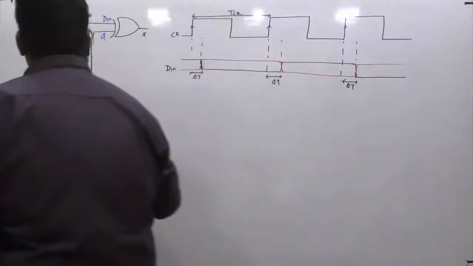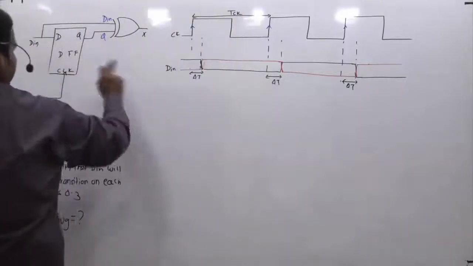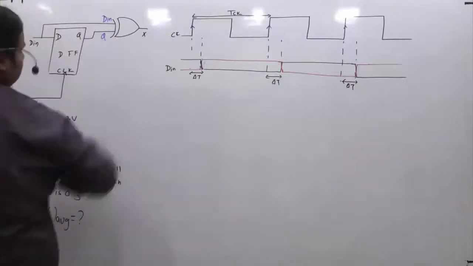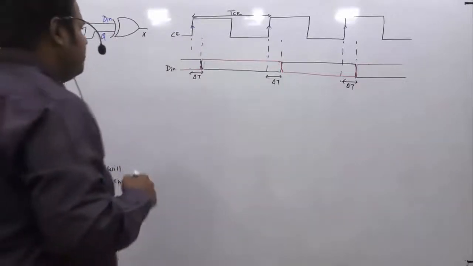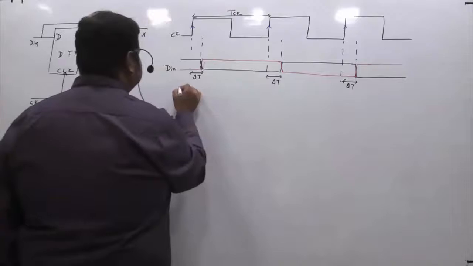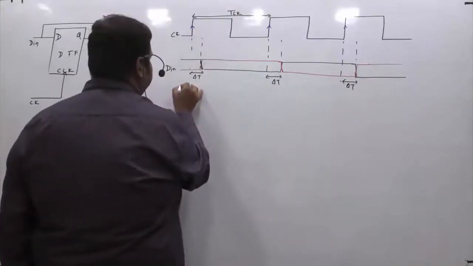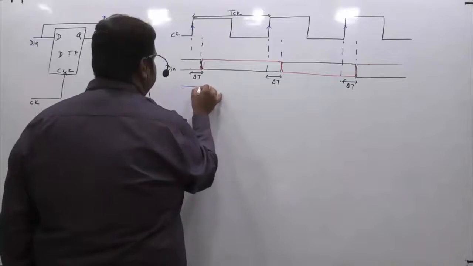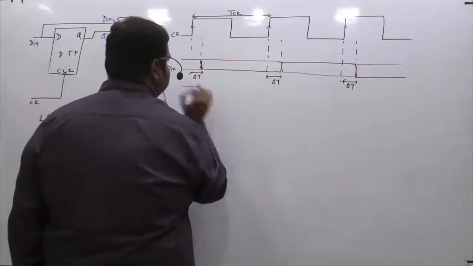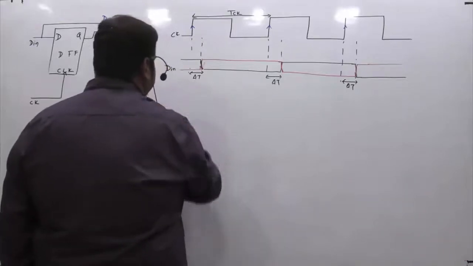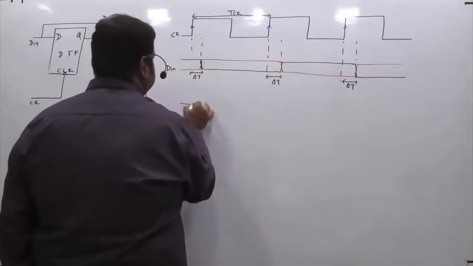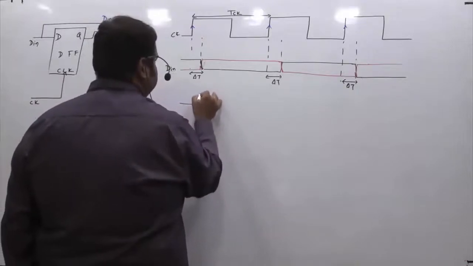Now to draw X, you have the D in information, which is given, and I can get Q. Let us say the clock waveform is as it is, and I take a D waveform changing from 0 to 1 and 1 to 0 this way.